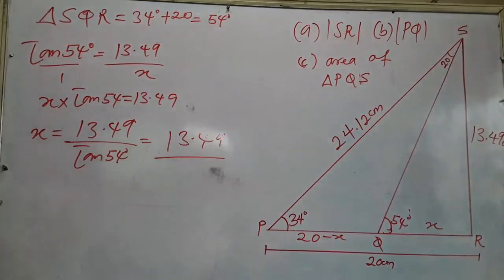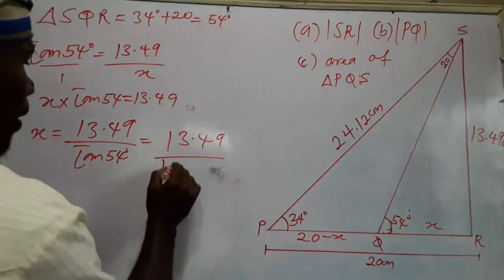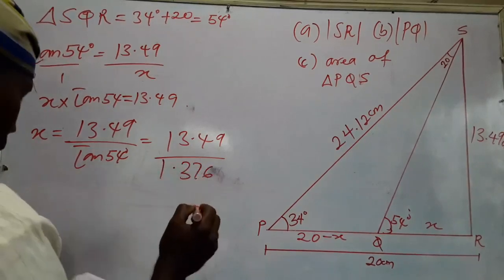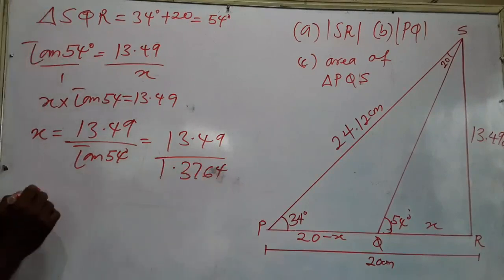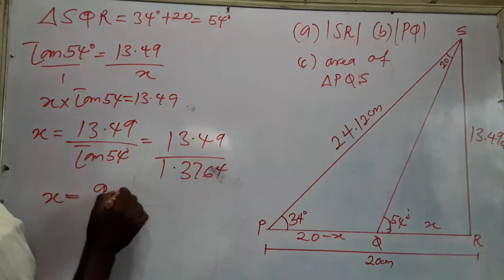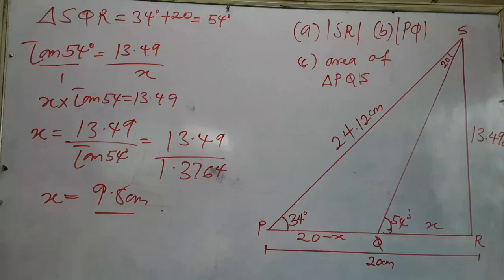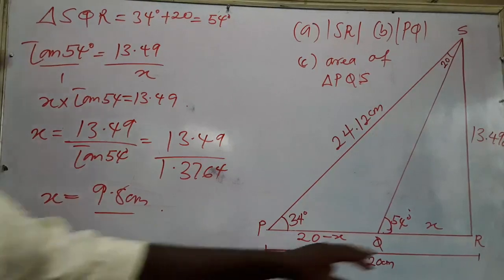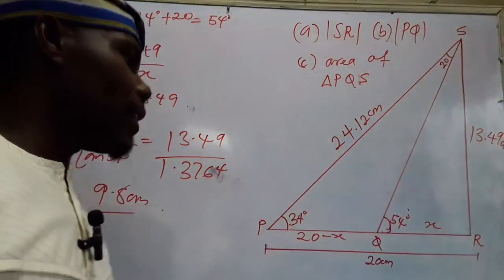The tan 54 gives us 1.3764. So by the time you use the calculator, the answer gives us 9.8 centimeters. So here X is 9.8 centimeters.